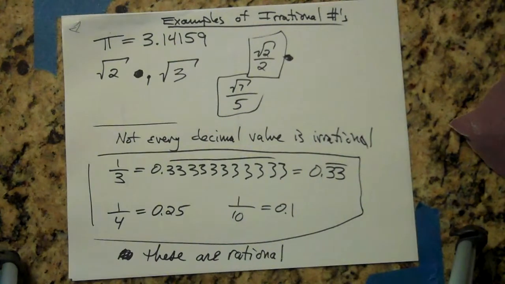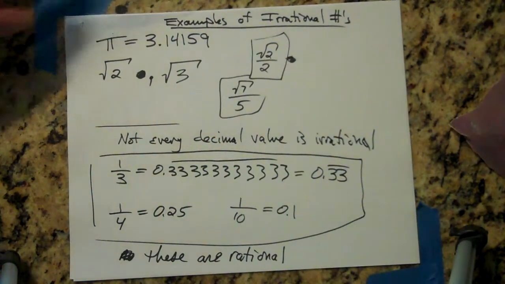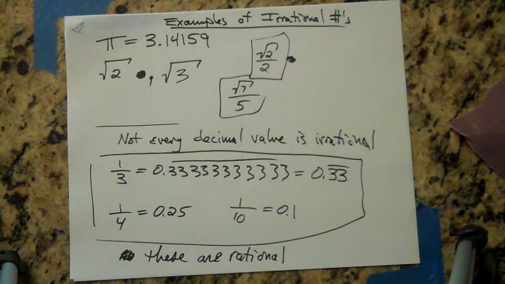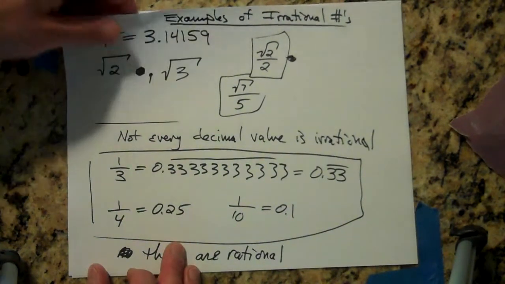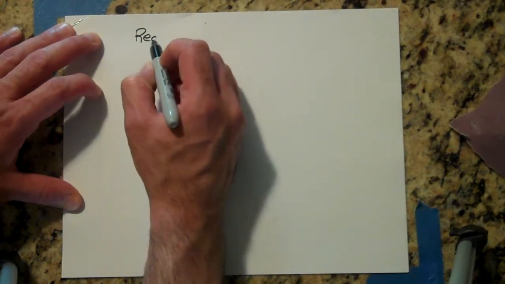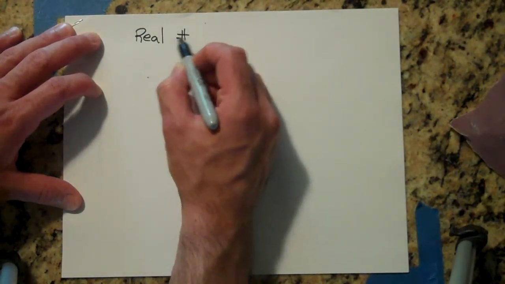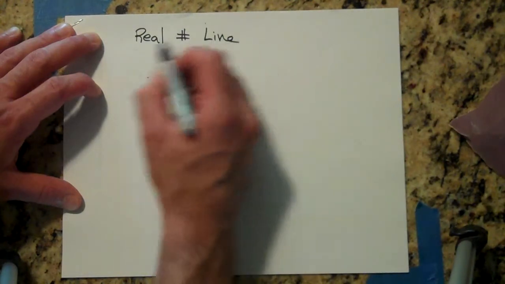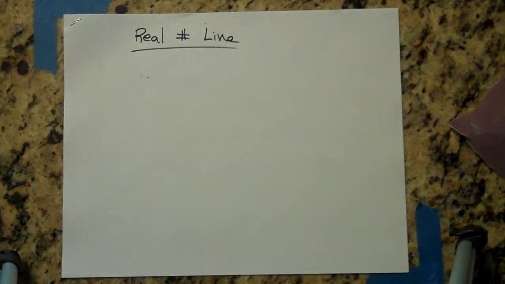But another thing we like to do in math is illustrate, if you will, and give a visual of the ideas we've just listed. So another thing I want to introduce to you right now is the so-called real number line, which in and of itself is fairly useful when we're dealing with real numbers.